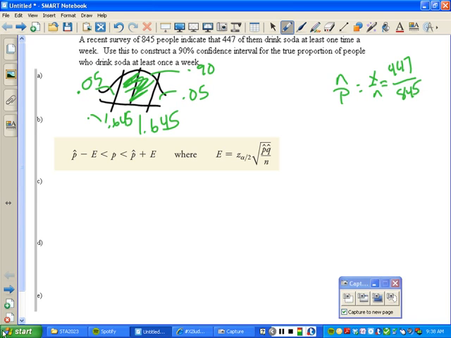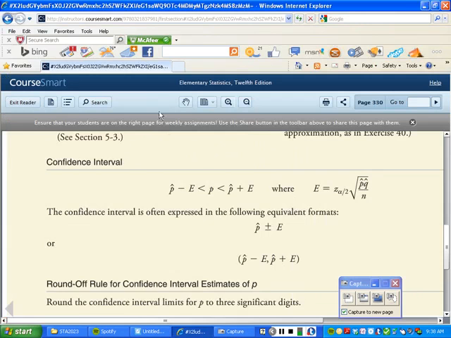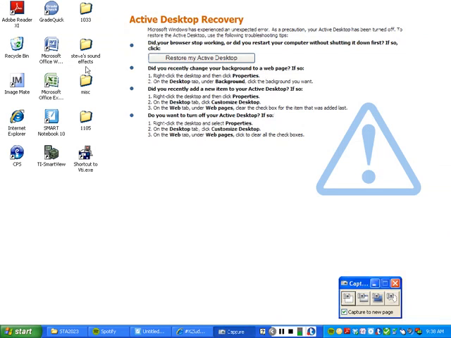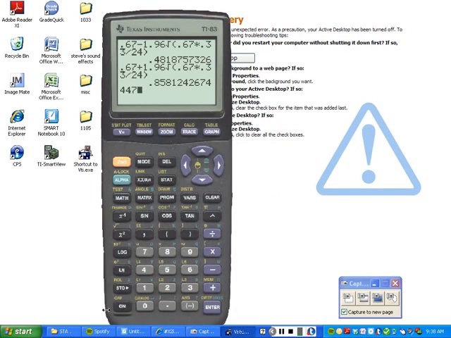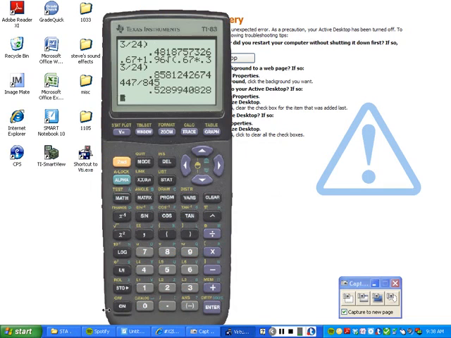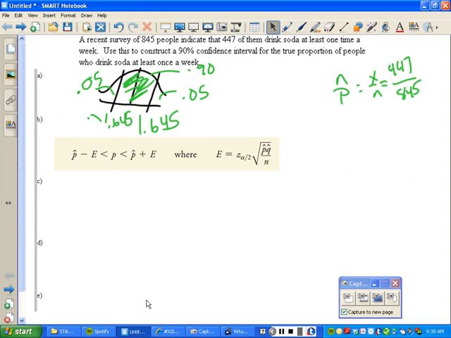Well, let's go to our calculator. 447 divided by 845 is 0.53. You could use 0.529 if you want to. So 0.53.